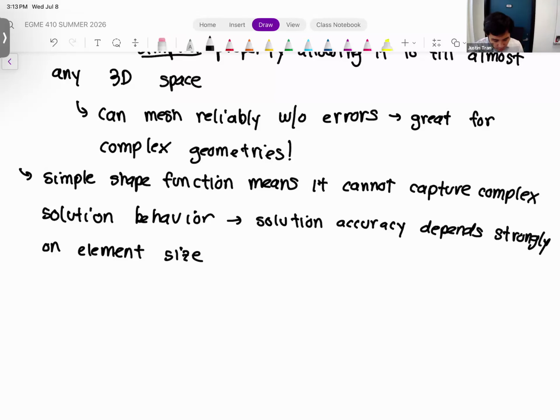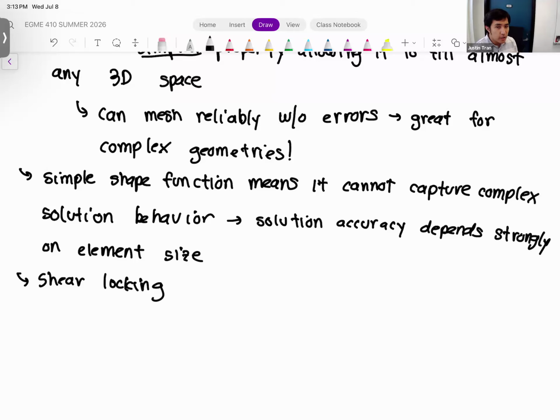Okay. Another thing with linear tetrahedrons goes back to the last point that we made yesterday with regards to shear locking. So remember that, for structural mechanics simulations in general, whatever we compute for the deformation depends strongly on the stress.